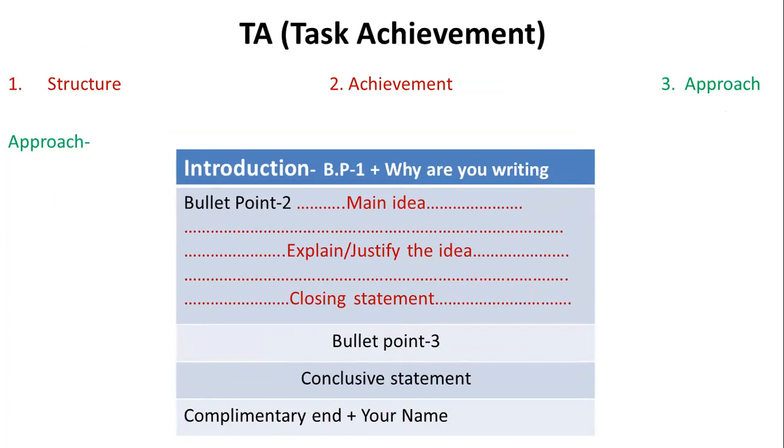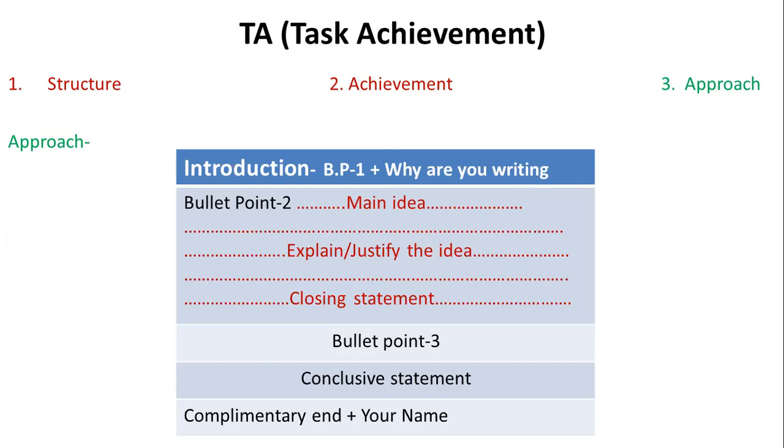What is the pattern? In the first sentence, there must be a direct answer to the question. In the first sentence of the paragraph, there must be the direct main idea of the question.